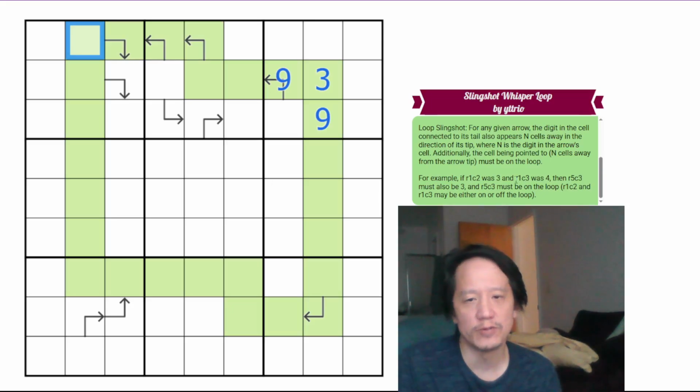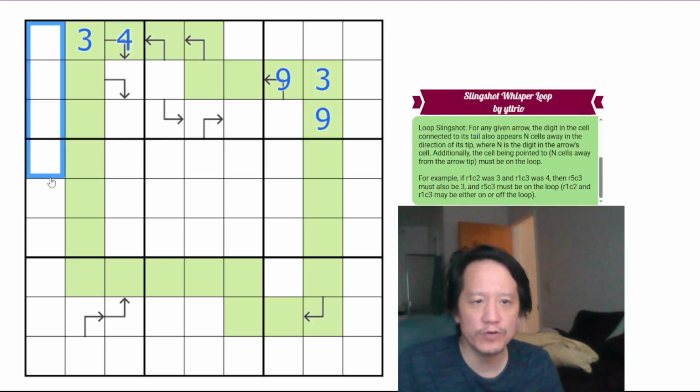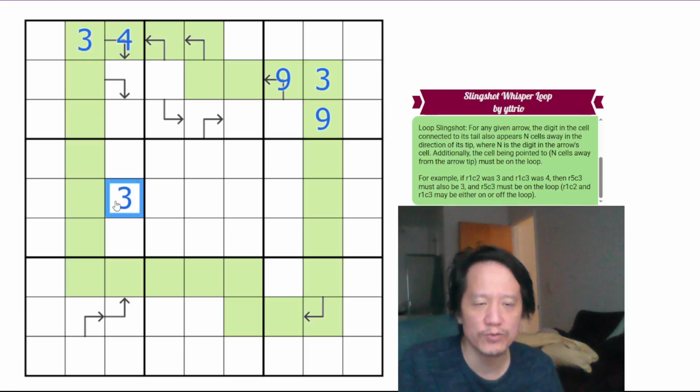So for example, let's use his example. If row 1, column 2 was a 3, and row 1, column 4 was a 4, then row 5, column 3 must also be a 3, and row 3, column 3 must be on the loop.